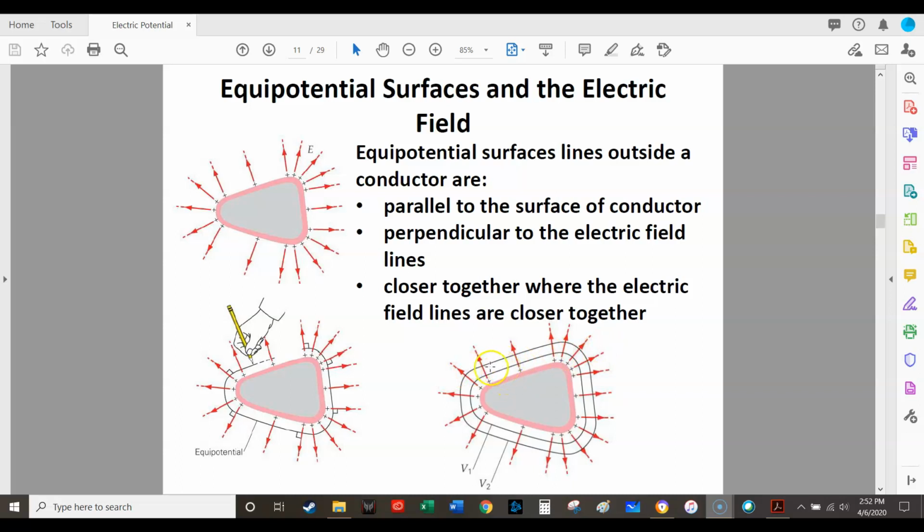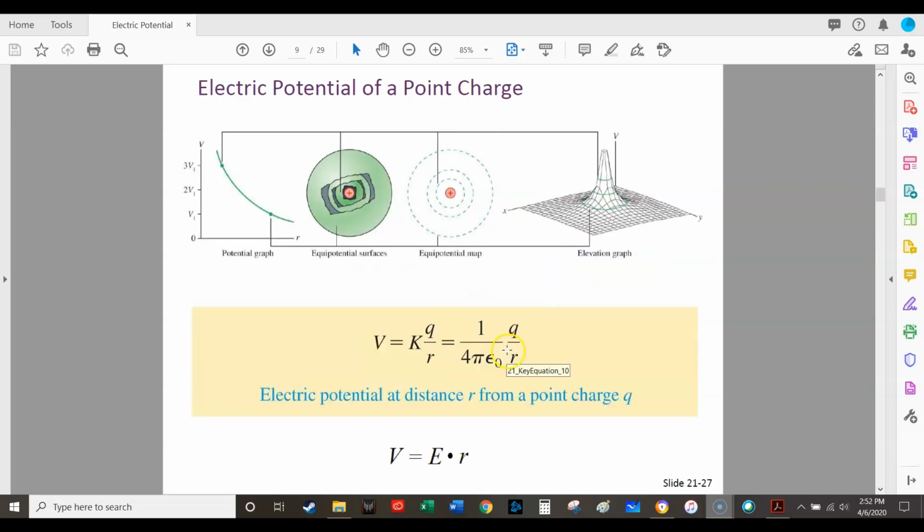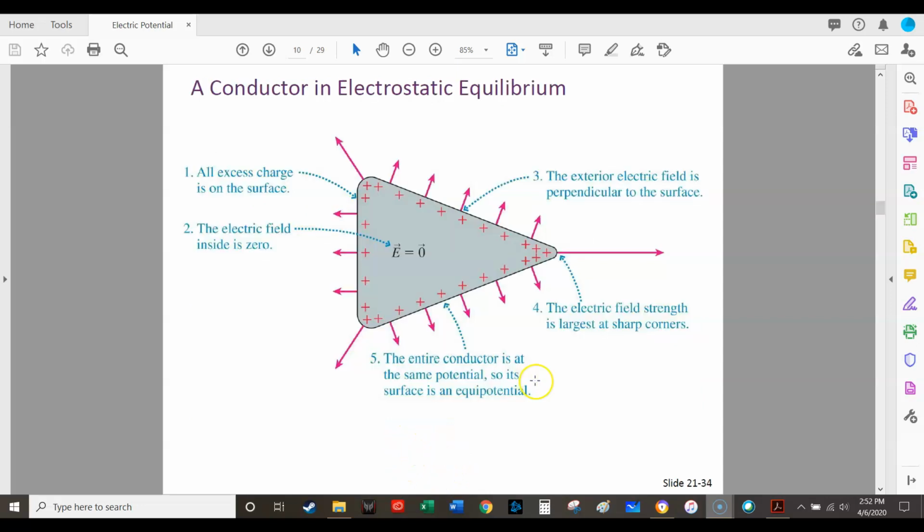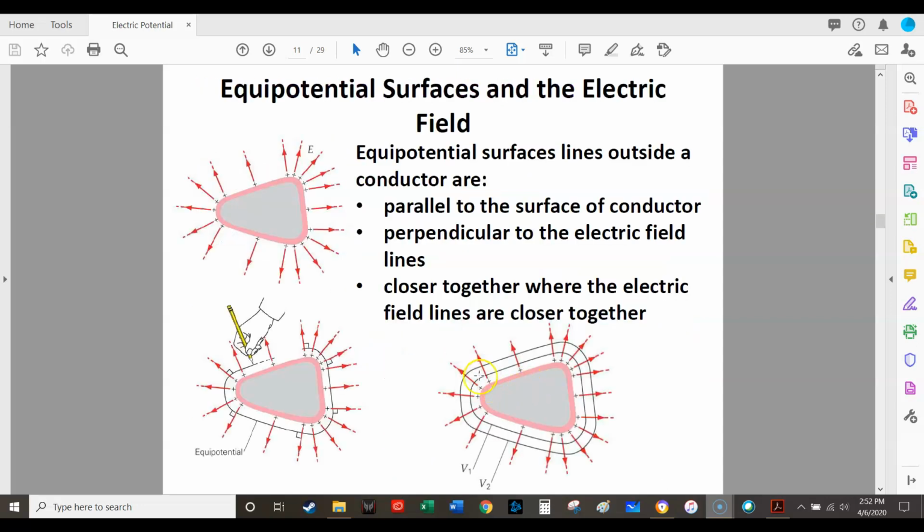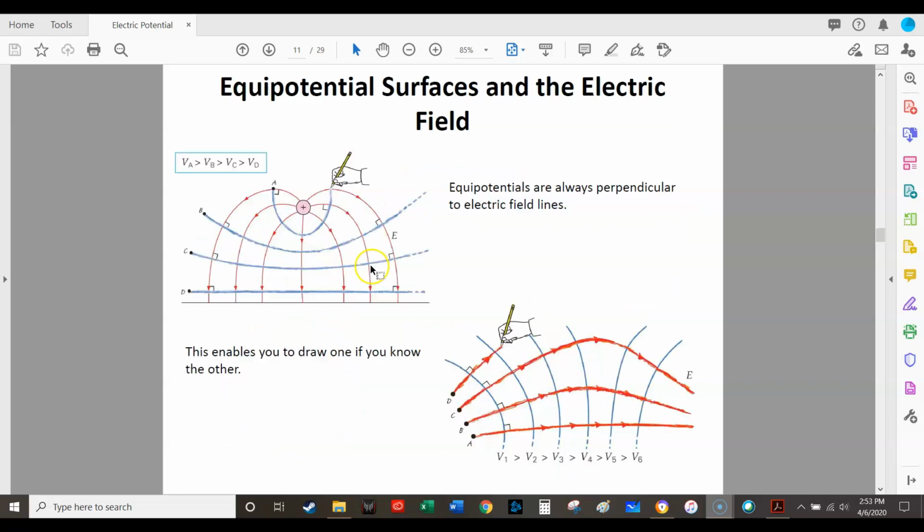If we look back at the equation, if the electric field goes up, the voltage is going to go up. What that means here is if the electric field lines are close together, the voltage lines will be closer together too. So we're going to talk about how density of the electric field lines is analogous to density of the voltage lines.